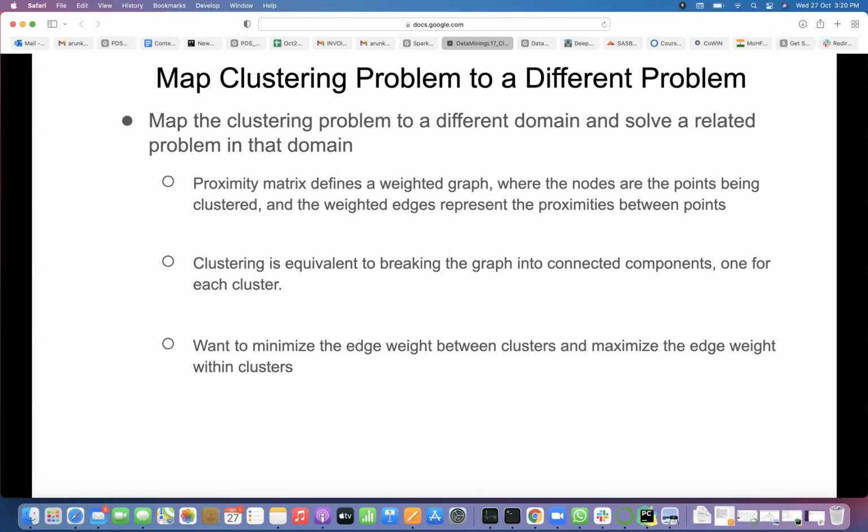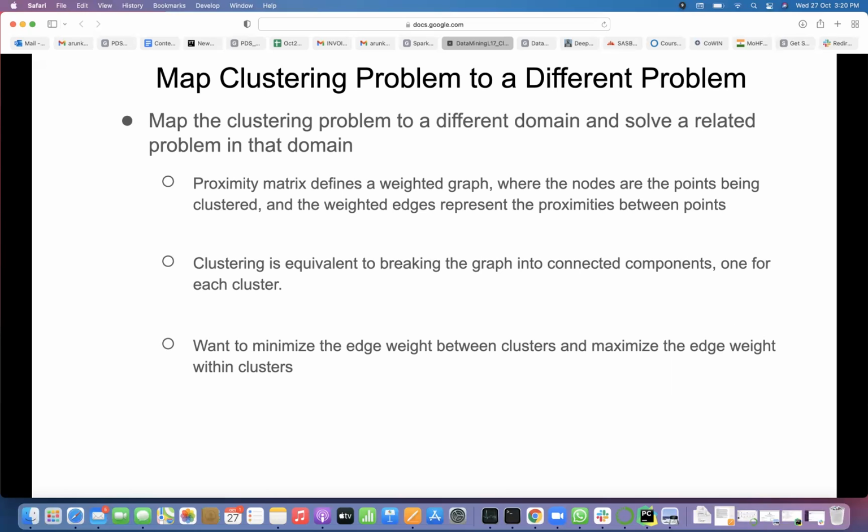Here, the proximity matrix defines a weighted graph, where the nodes are the points being clustered, and the weighted edges represent the proximities between points. So if you have points with a proximity matrix, meaning the distances between each pair of points, you can consider the whole data as a weighted edge matrix.